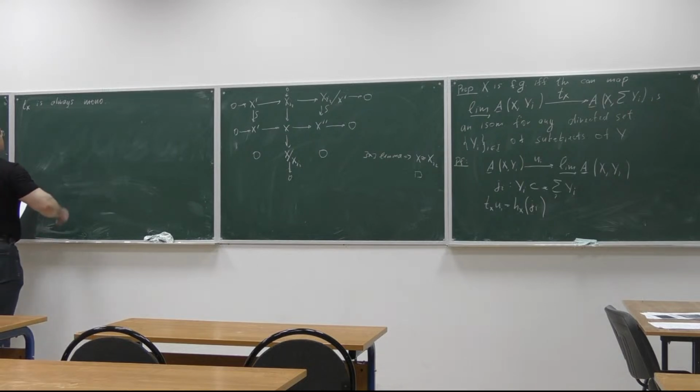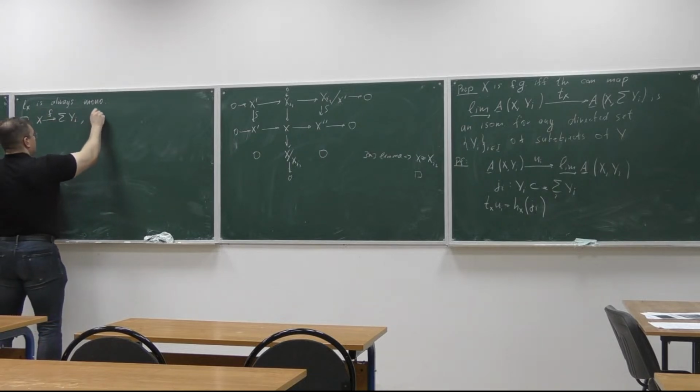Okay, so let's do the proof in one direction. Here I assume that x is finitely generated. So let's take a map x to the sum of the yi's. Let's call this map again f.